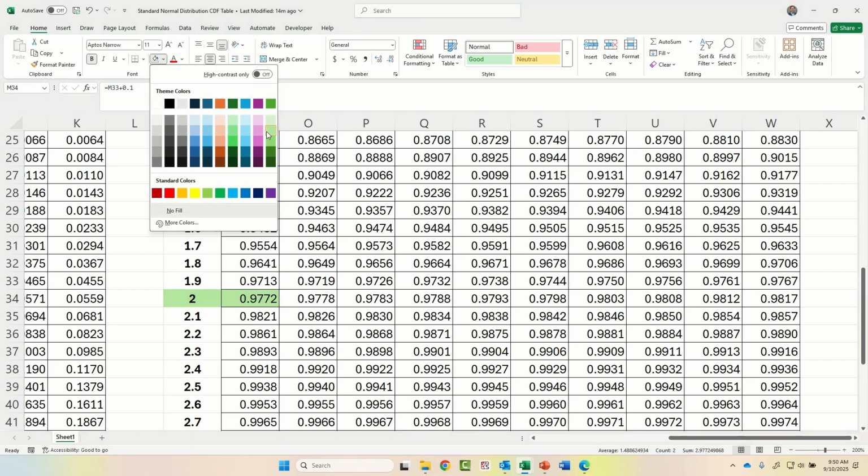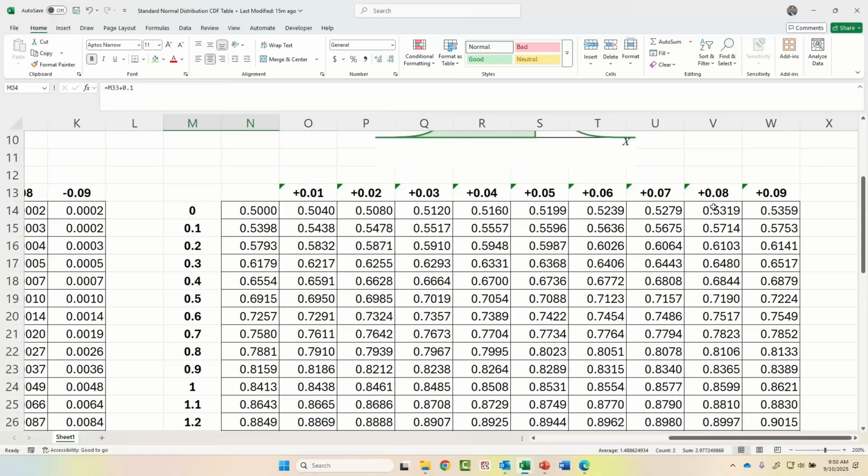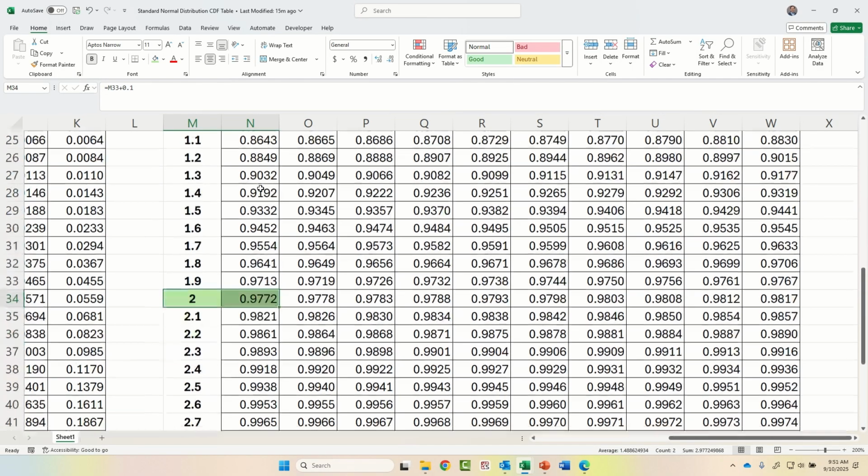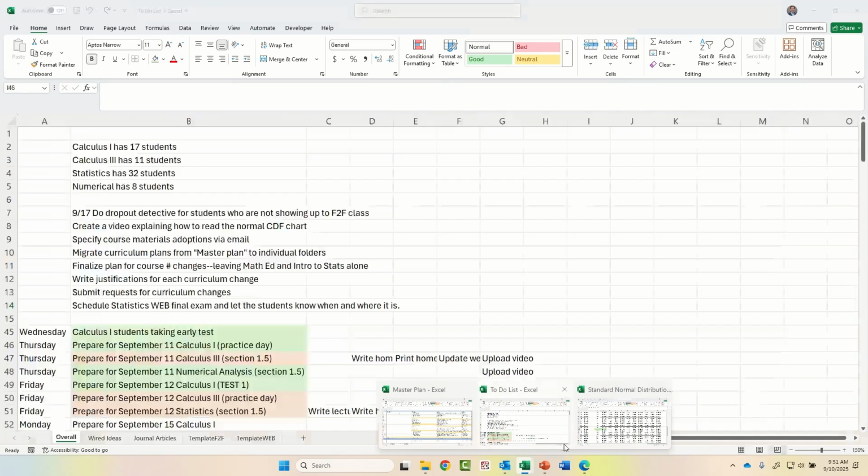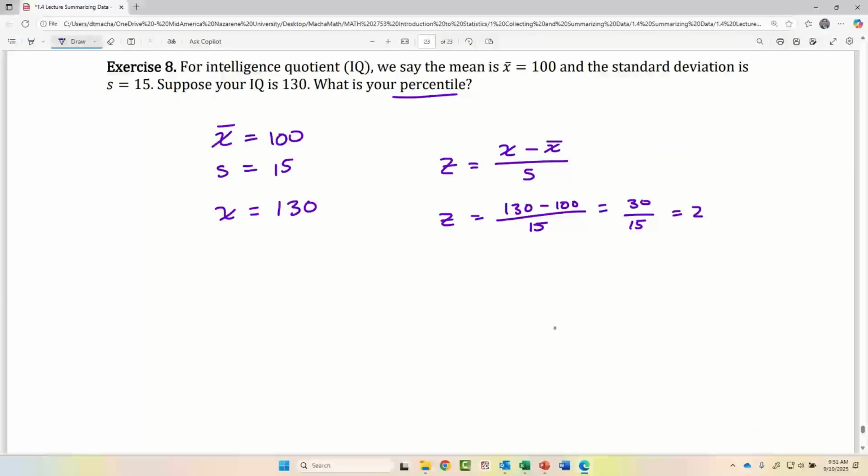So I just look right here, 2, and I don't want to add anything to the 2 because it's just 2.00. I look in this first column and I get the decimal 0.9772. That's from the table that you'll be given on a test. Then you want to convert this to a percent by multiplying by 100, and we get 97.72%.